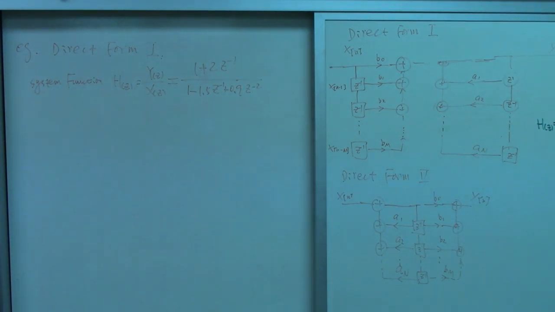Yn equals xn times 2, xn times 1 and 2 xn minus 1 plus, okay, and plus 1.